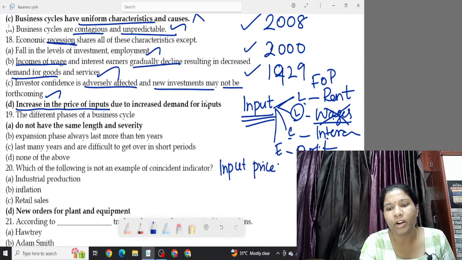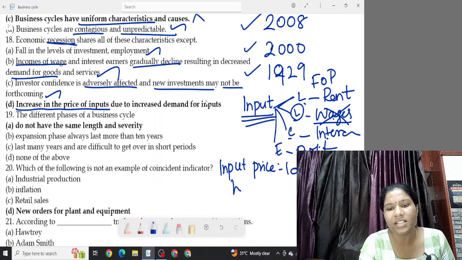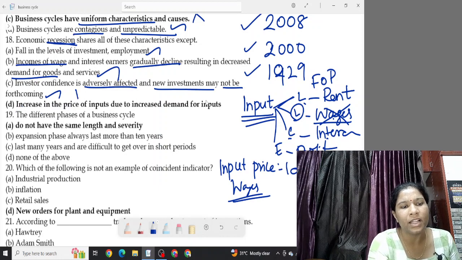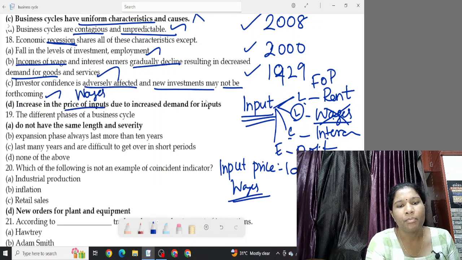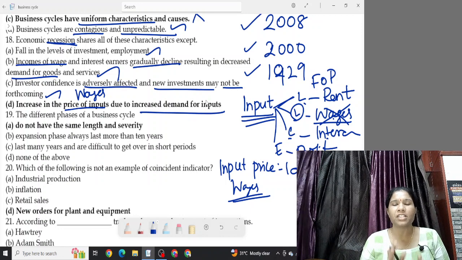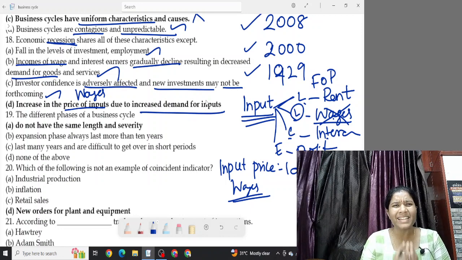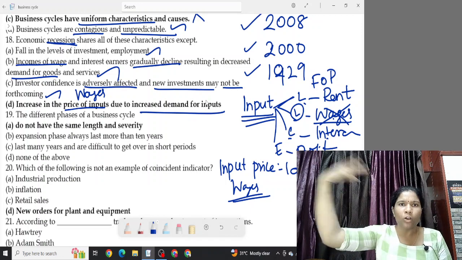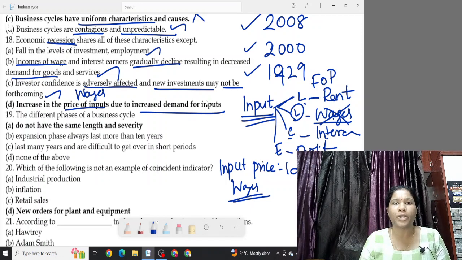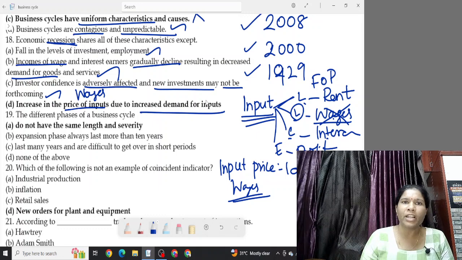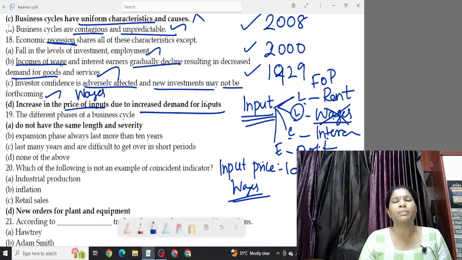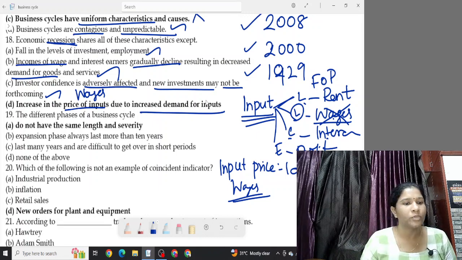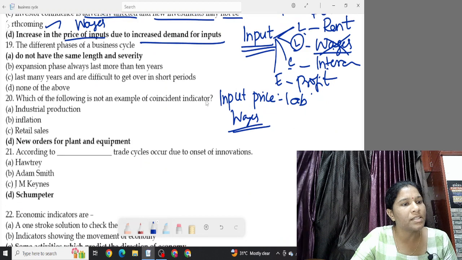It is wages. Do you think there is an increase in wages because of increased demand for input? First of all, there is no increased demand for input because there is no demand for the output. There is no demand for output in the recessionary phase, so there is no demand for input either. Since there is no demand for input, input prices will go down and will not go up. Okay, I have made my point, I guess. So the answer is D.